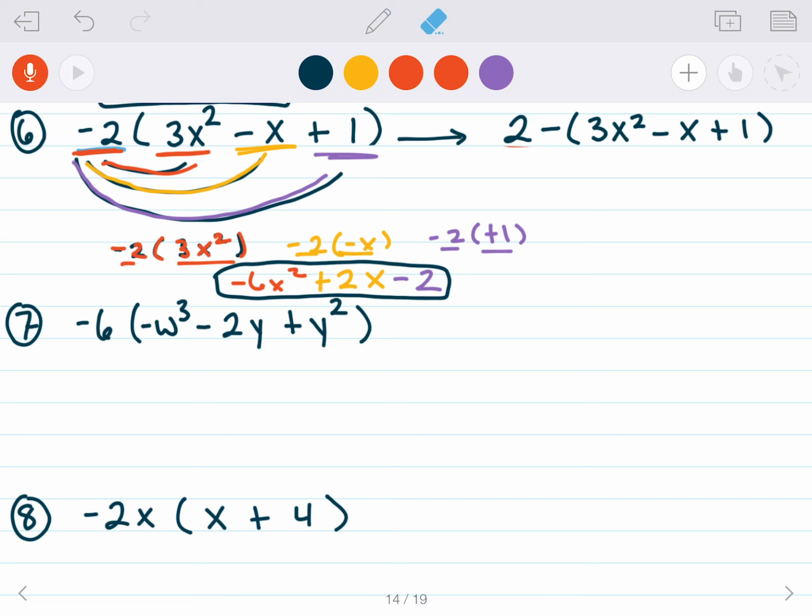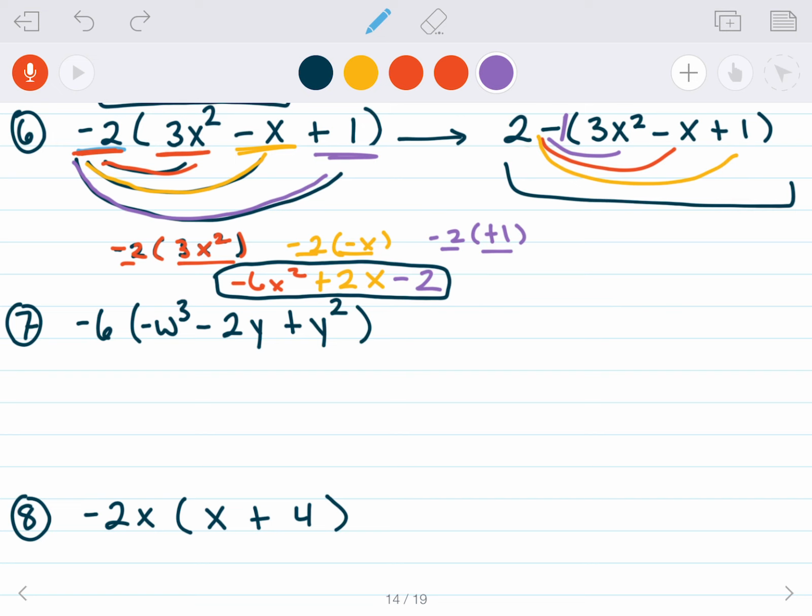Now what this says is we're taking 2 and then we're taking away 1 times all of this, right? The 1's not written there, but there's understood to be a 1 right here. So this is actually negative 1 times this, negative 1 times this, negative 1 times this, bringing the 2 down, okay? So let's try this version, okay? So leaving the 2 alone, the 2 is just going to hang out for a second.